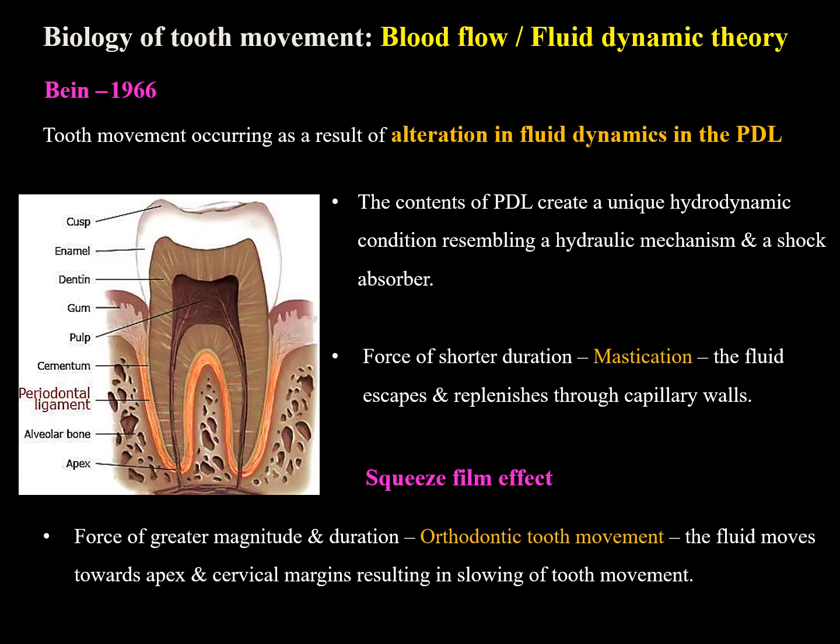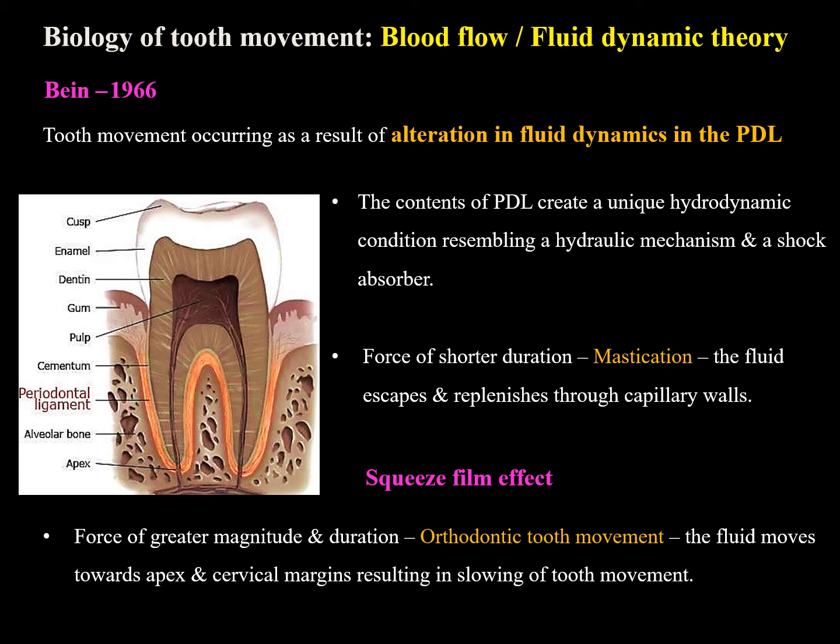However, if the force is of a greater magnitude and duration, as you see in orthodontic movement, what happens is the fluid moves out towards the apex and cervical margins, and this causes the blood vessels in the periodontal ligament to get compressed. Okay, and also the principal fibers of the ligament are compressed, leading to stenosis.